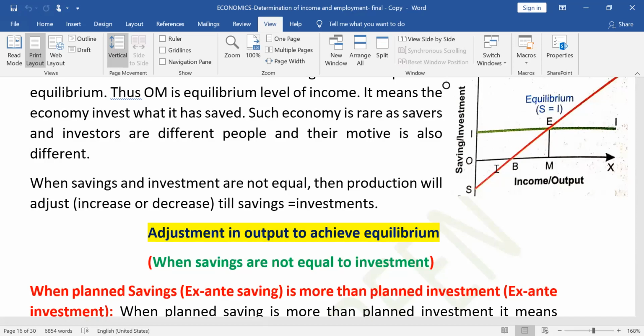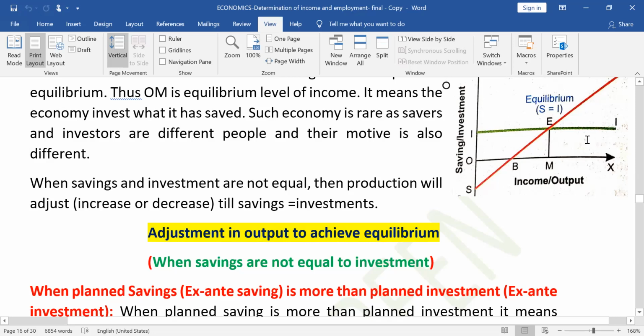This process of employing people and increasing income and output will continue till it reaches a point where saving and investment are equal, or aggregate demand is equal to aggregate supply.